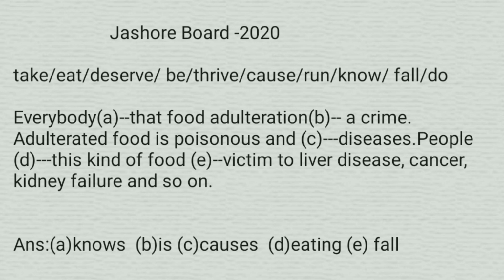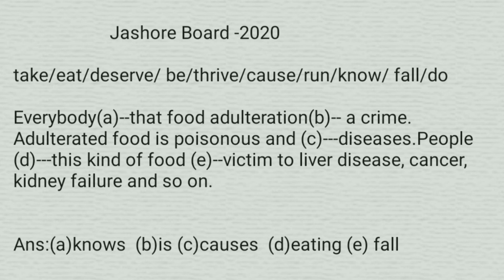Adulterated food is poisonous and dash diseases. It's also present indefinite tense and the answer will be causes diseases. People dash this kind of food dash victim to liver disease, cancer, kidney failure and so on. Here the answer will be people dash this kind of food.